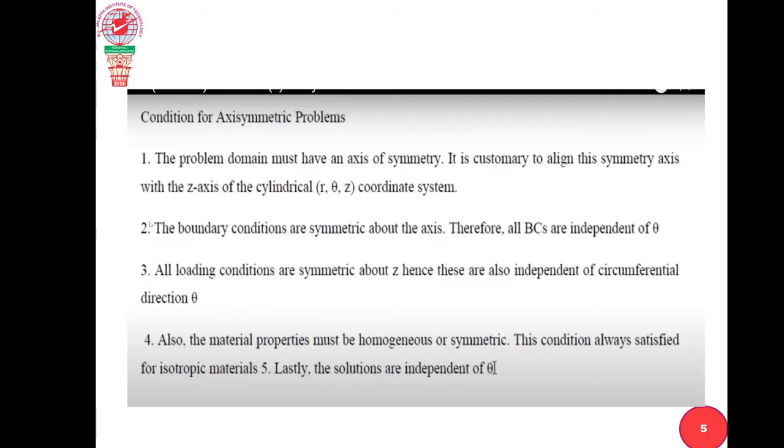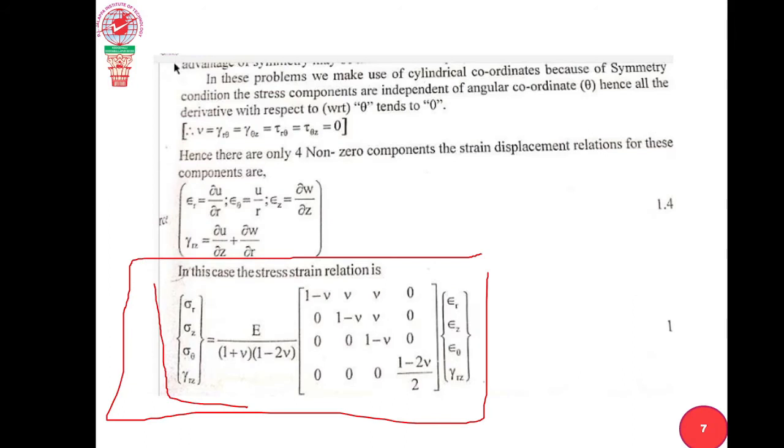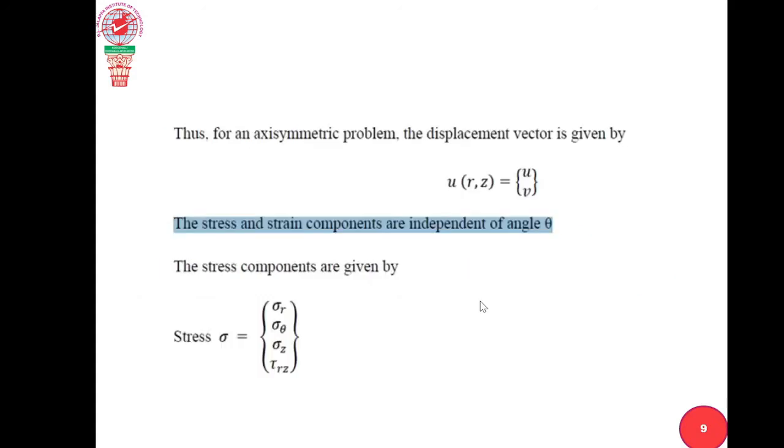So here we are considering the stresses along the theta direction as 0. That is very important. These will become 0, and we consider displacement only along r and z, that is u and w, not the theta direction. It is independent of that.